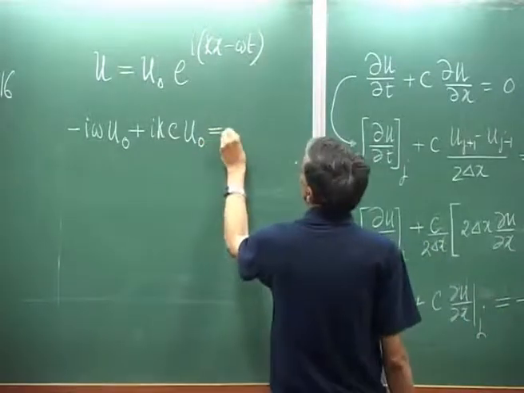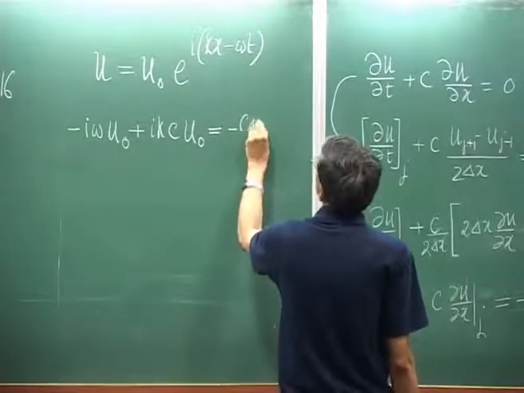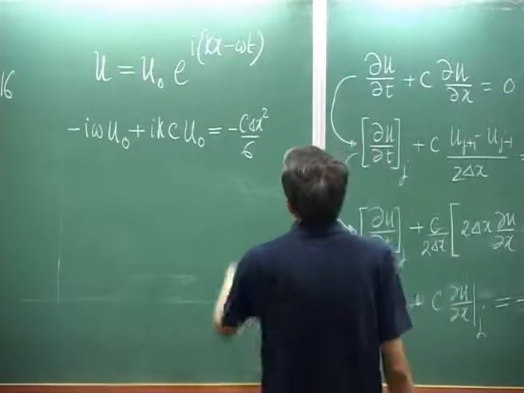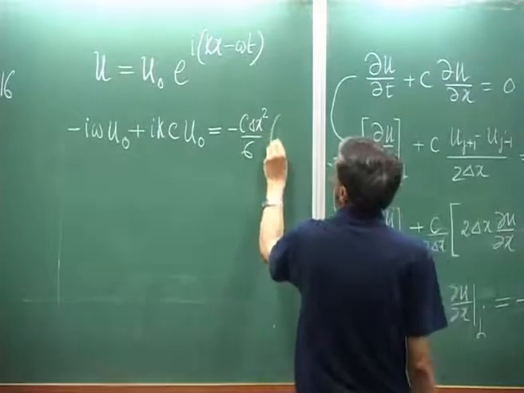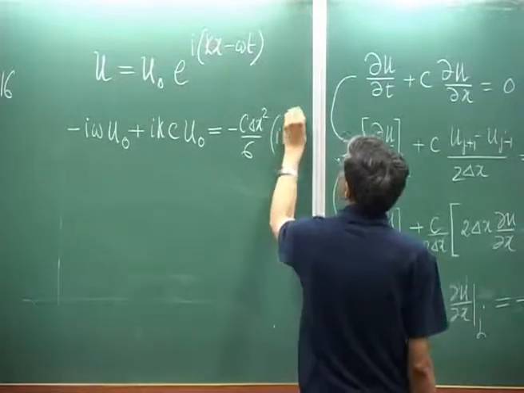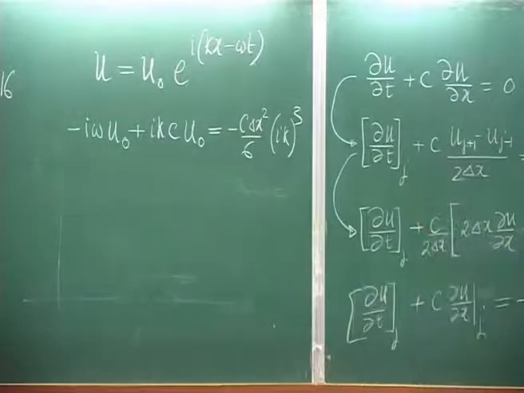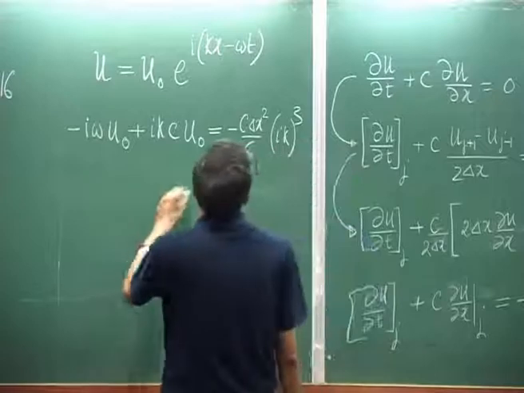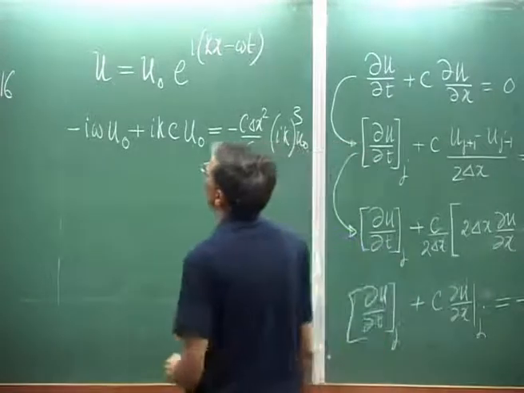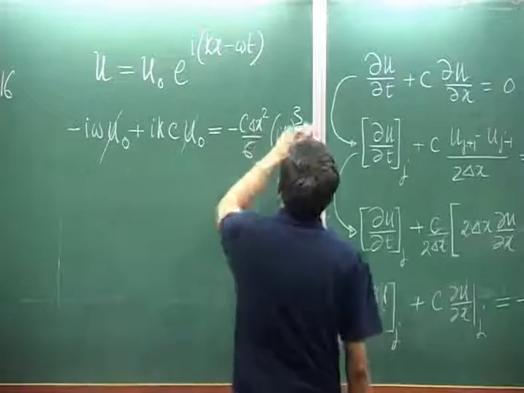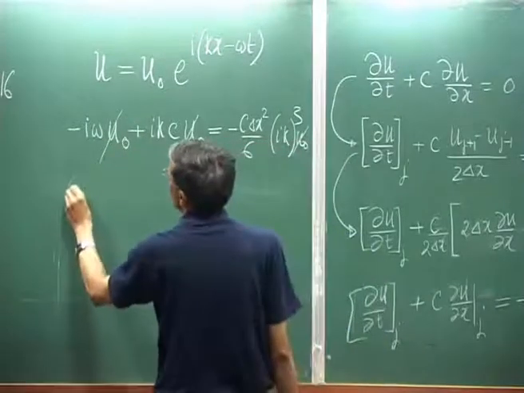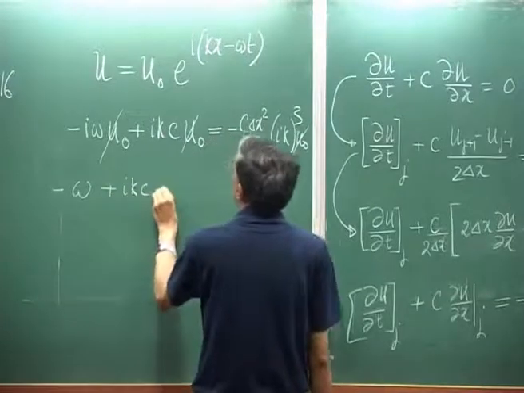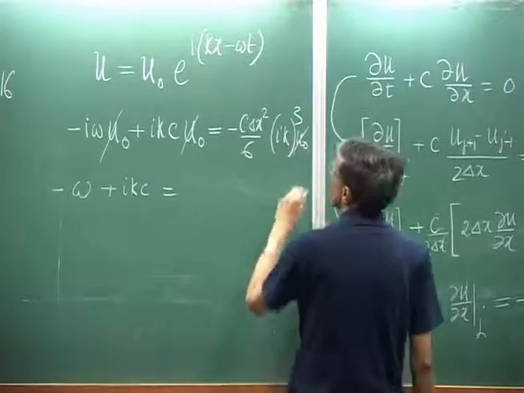The leading term will give us c delta x square by 6, and if I take the third derivative, then I will get this, right. So, of course, you can knock off the u naught too. So, you can remove this, and the I can go away. So, we will get minus I plus I k c, and on this side we will get k cube.